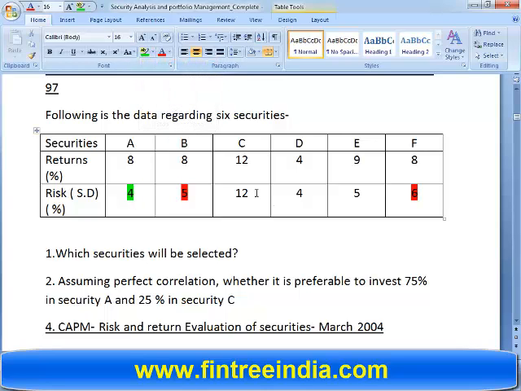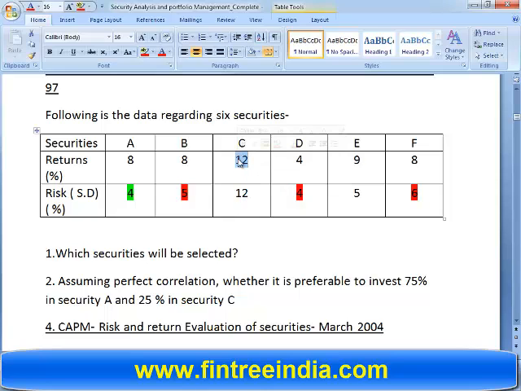Then this security has got return of 4, but the risk is also 4, but by taking risk of 4 I can earn a return of 8. So again, this security can simply be eliminated, so we have a green mark here. Now here we have a risk of 5 for which we are earning 9, and here we have a risk of 12 for which we are earning 12.